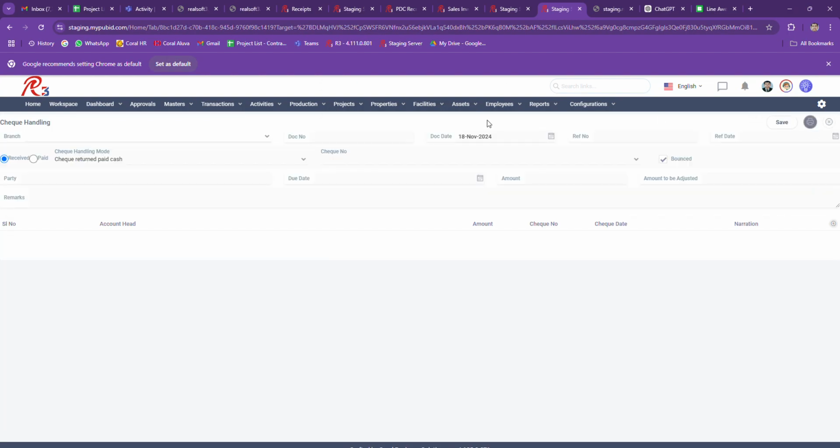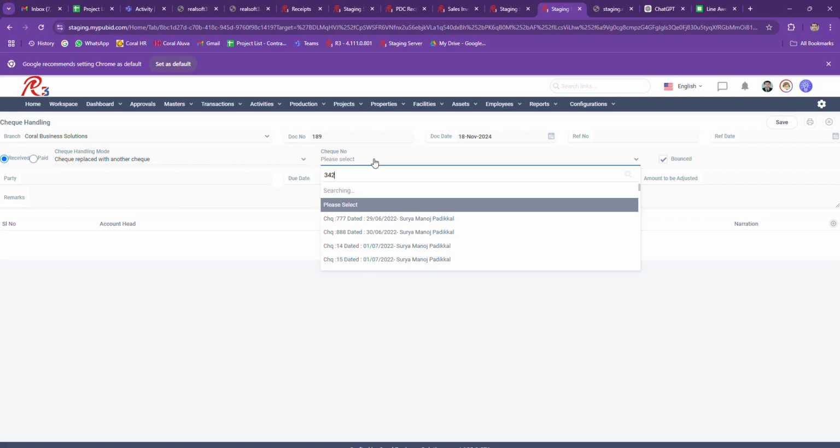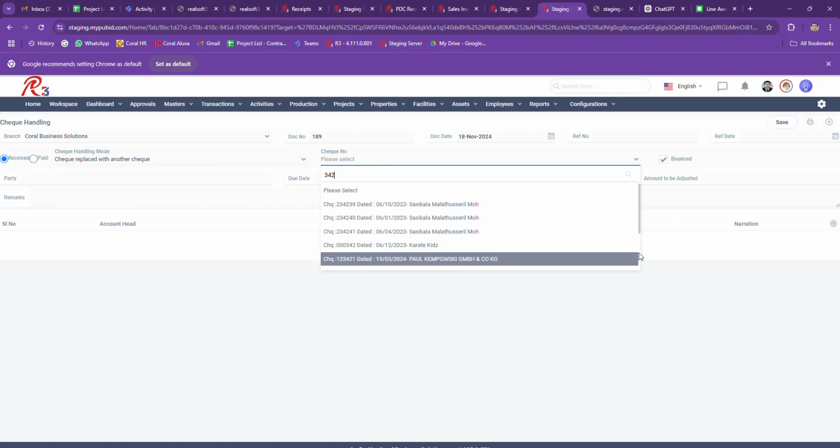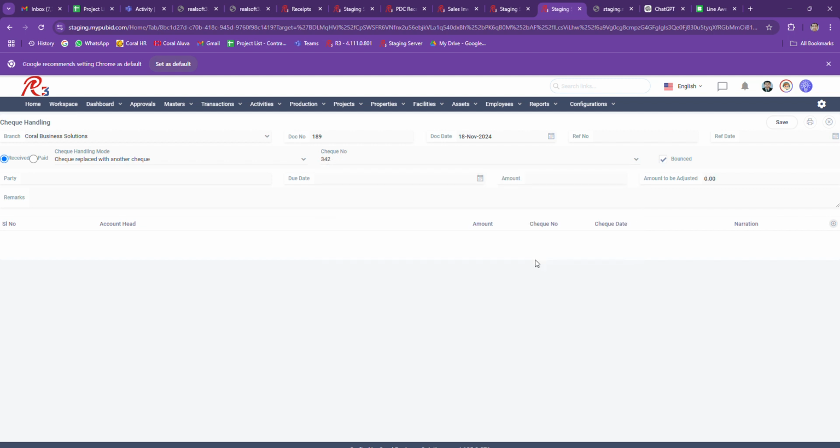Then create new, check replaced with another check, and this 342. Now this check is okay. So there is no other option you can see here.